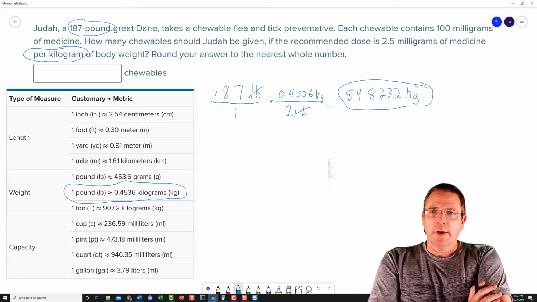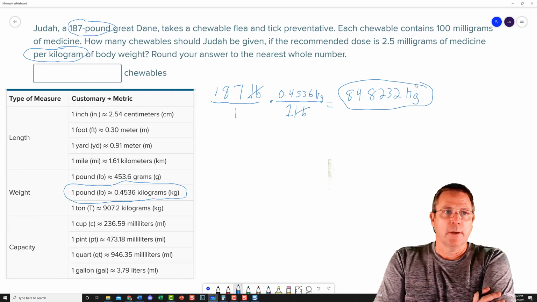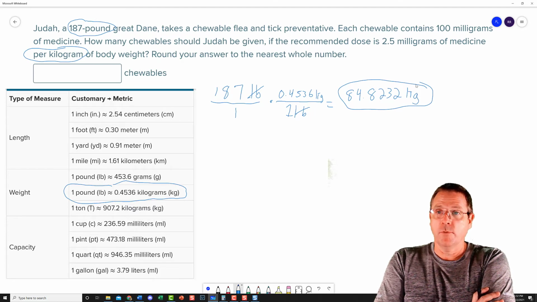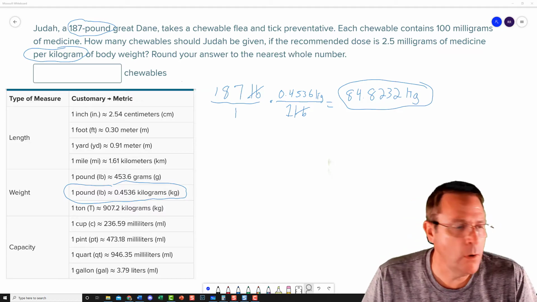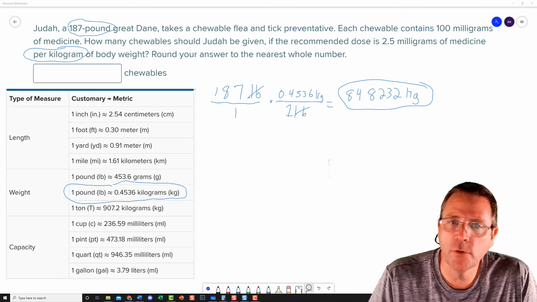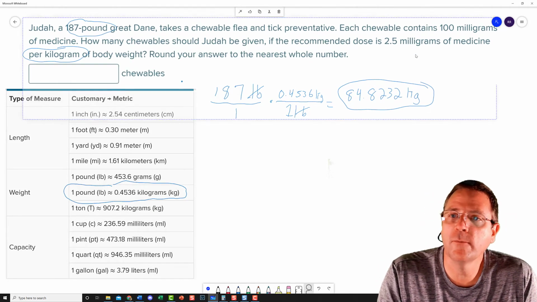The dose recommends that you do 2.5 milligrams of medicine per kilogram of dog. So now we need to find out how many of the doses it's going to take. Now we know that each kilogram of the dog gets 2.5 milligrams of medicine.